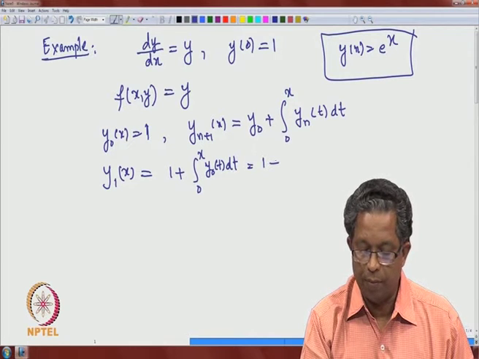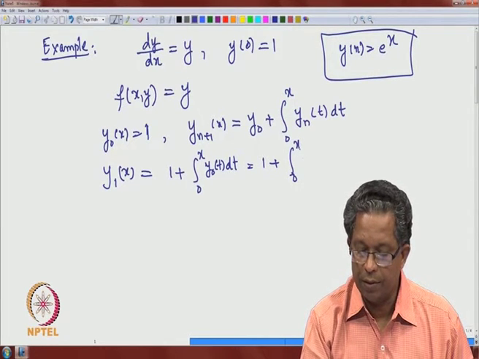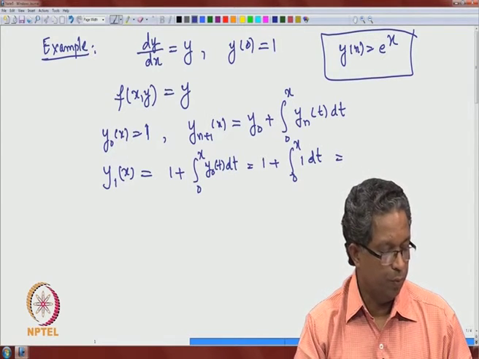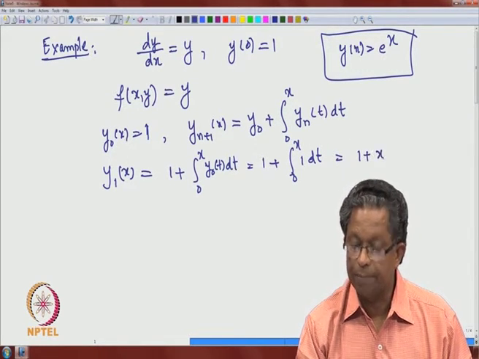So, this is equal to 1 plus the integral from 0 to x of 1 dt, which is equal to 1 plus x.